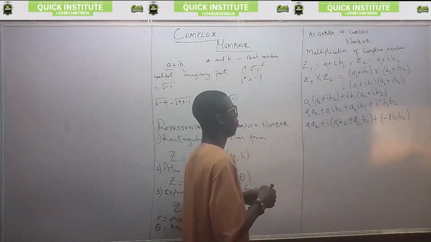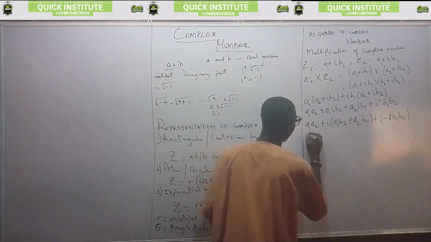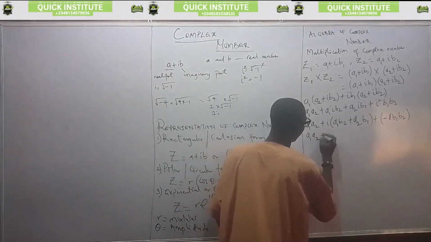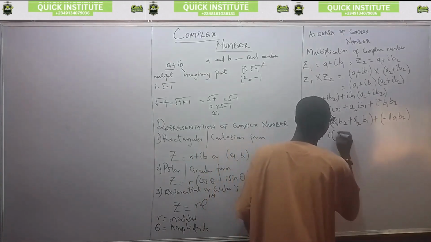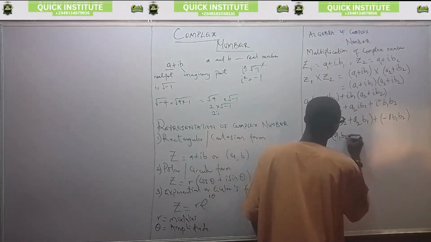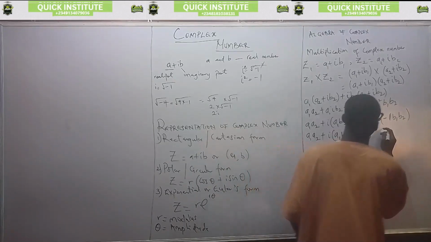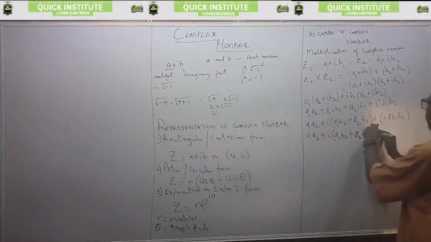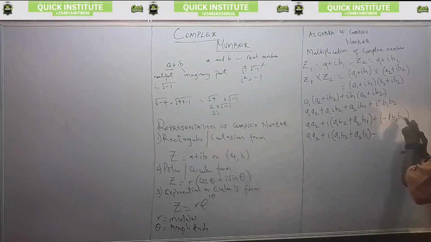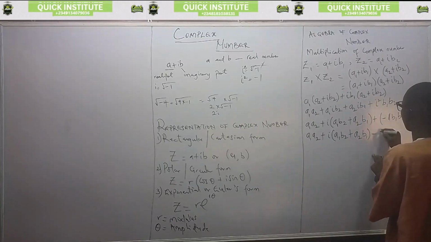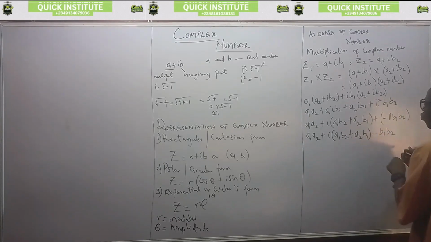So now from here we have a1 a2 plus i times a1 b2 plus a2 b1, plus minus 1 times b1 b2, which is minus b1 b2.